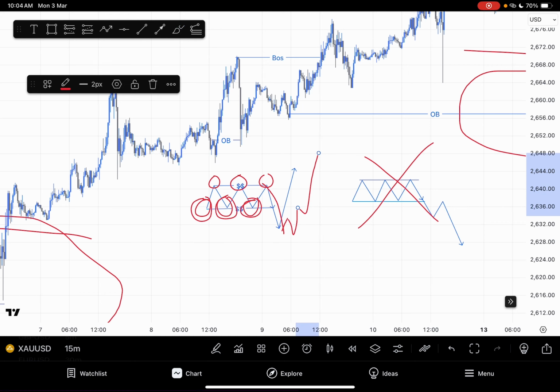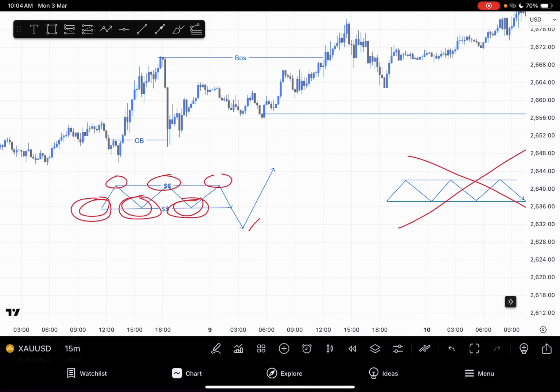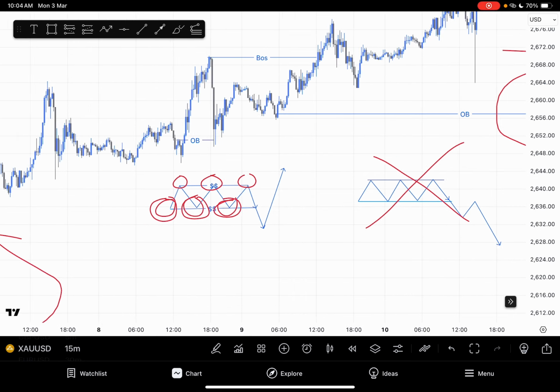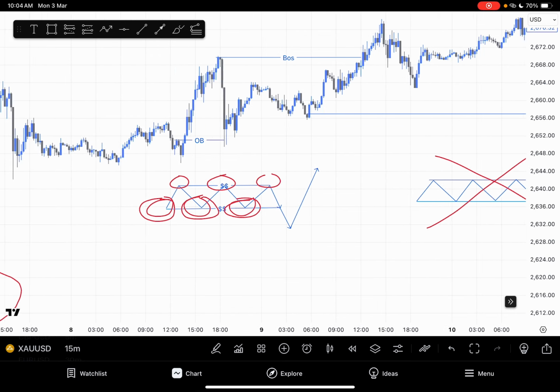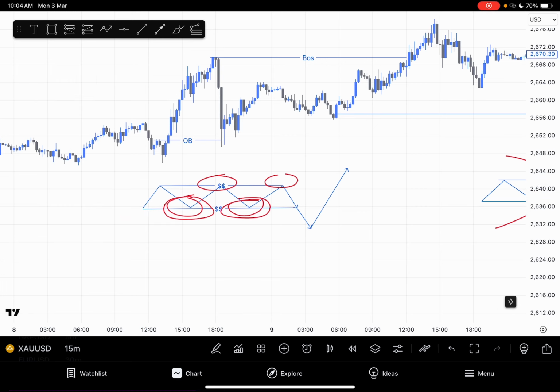So for this pattern now, expect price now. Sorry, let me take this out so it's going to be clear for you to see.